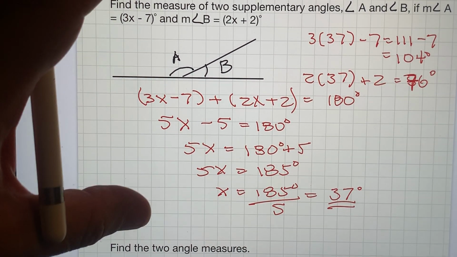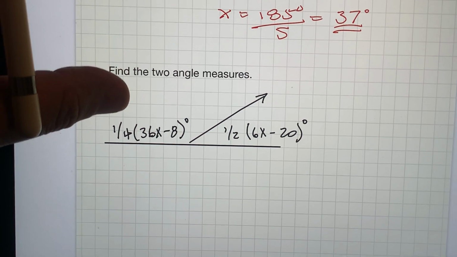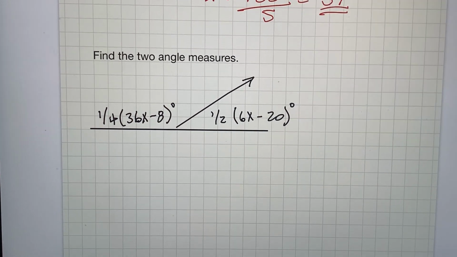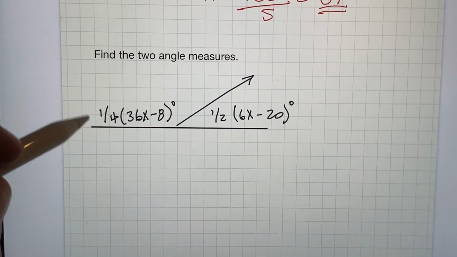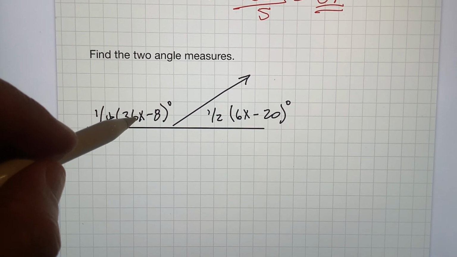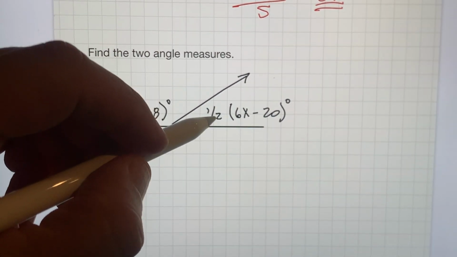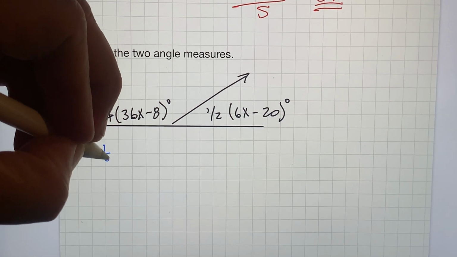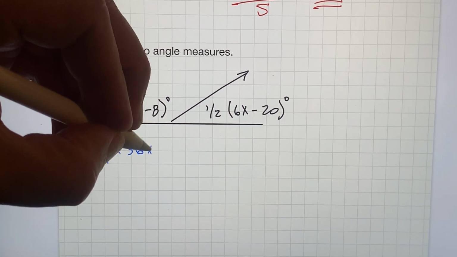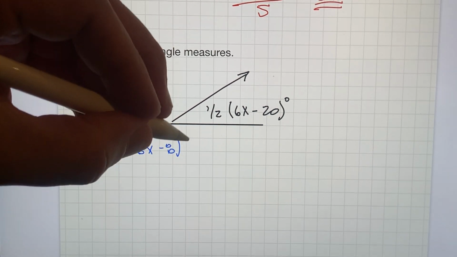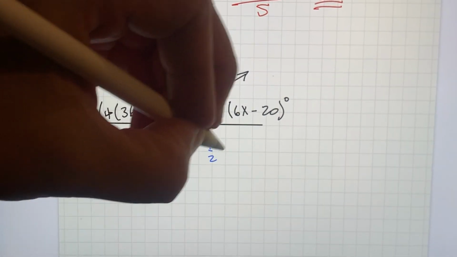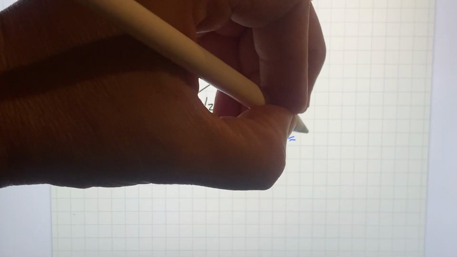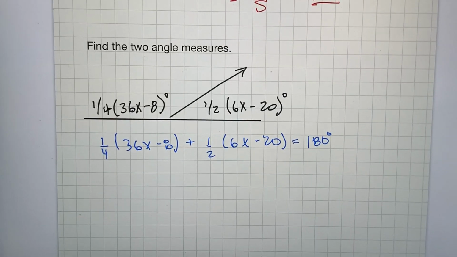The next exercise that we have, it says here, find the two angle measures. Okay, so let's use a different approach here. Now notice that it's 1/4 of 36x minus 8 and plus 1/2 of 6x minus 20. So if I do that, 1/4 times 36x minus 8 plus 1/2 of 6x minus 20, that has to be equal to 180 degrees because they're supplementary.